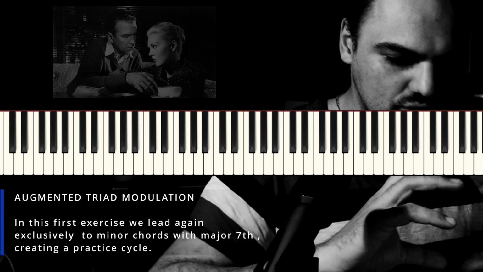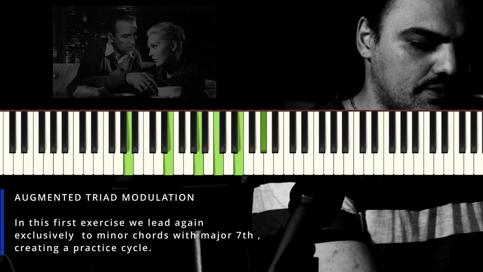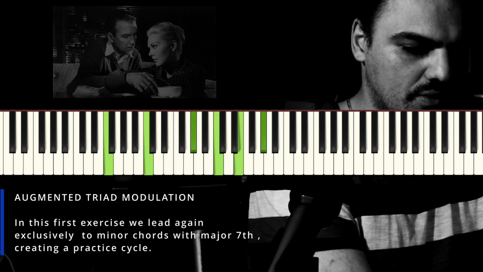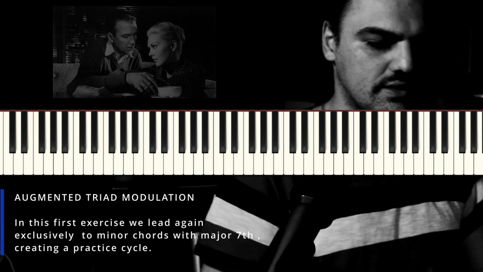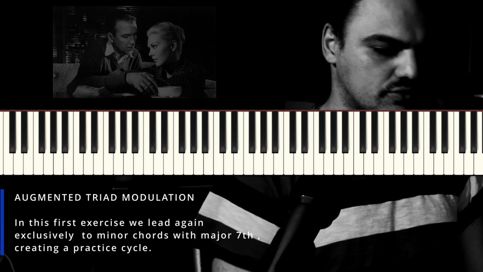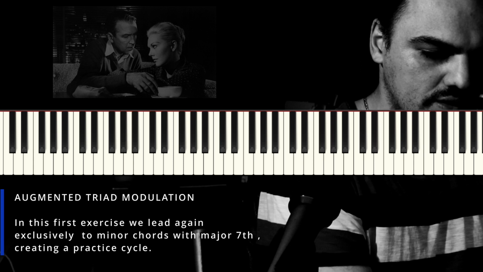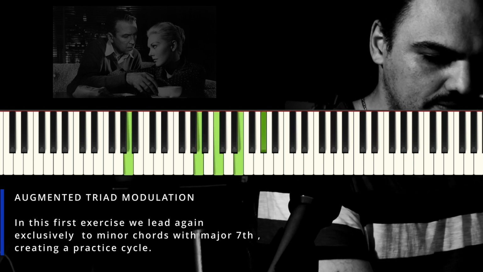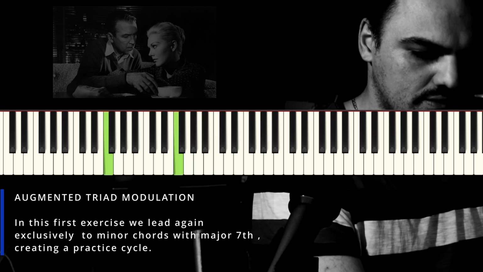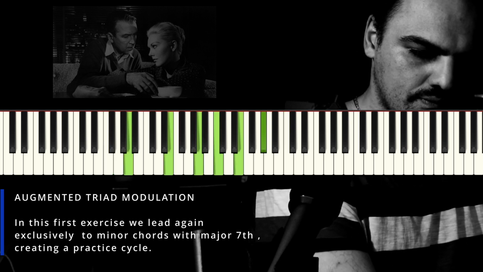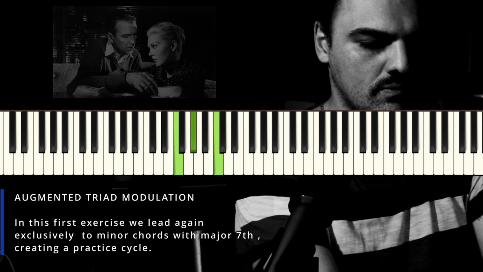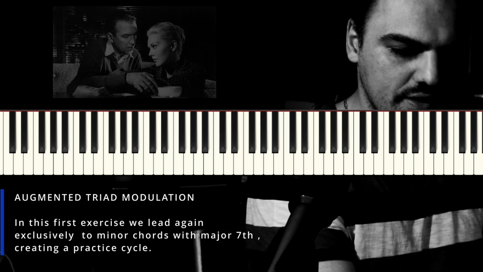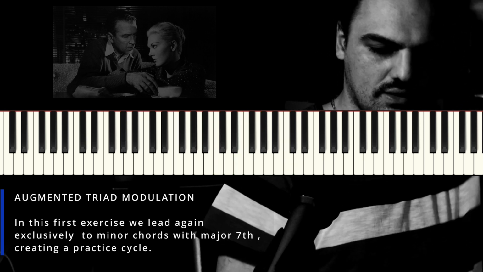The idea is to keep this chord type in your improvisation and see the different permutations, the different combinations, that you can do with this. So, for example, the first one is that you can modulate from A minor to F minor.